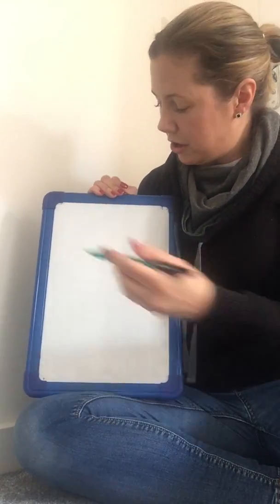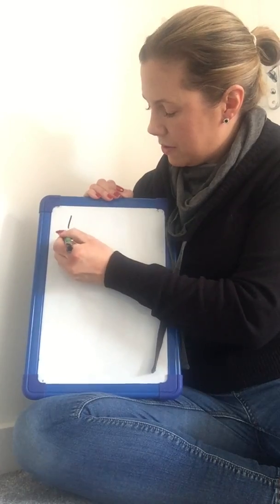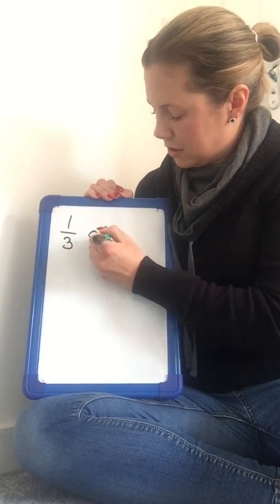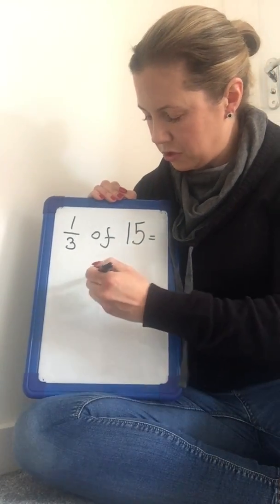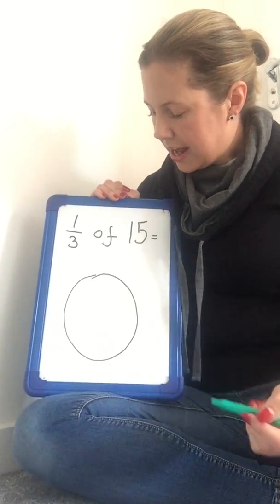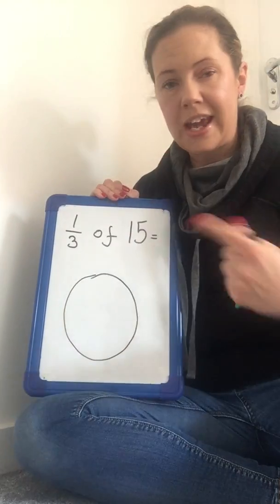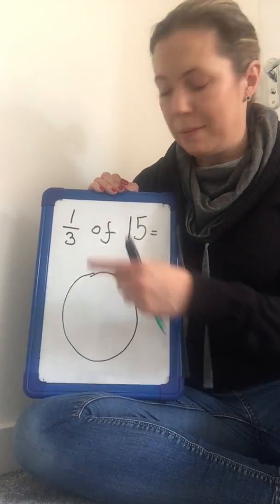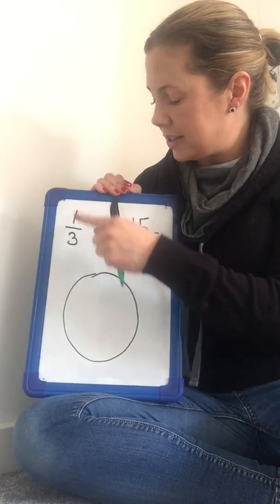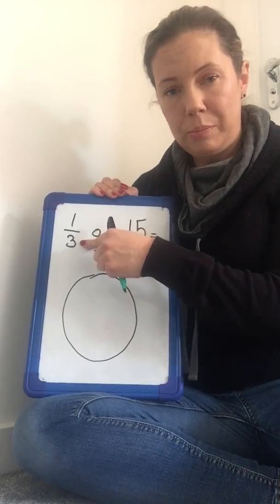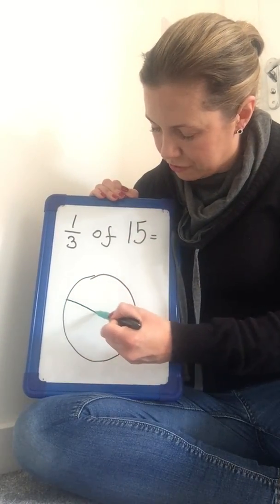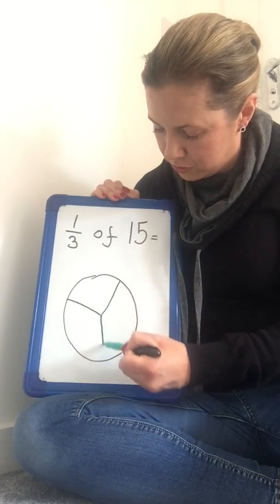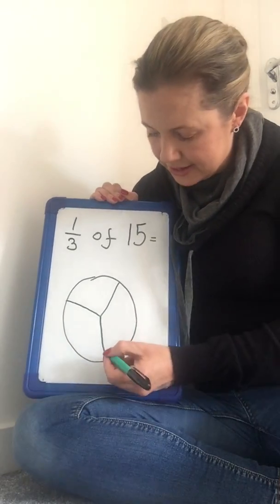Let's have a look at a third. So a third of 15. Okay, so we would do our circle, and this time we would again talk to the children using that key vocabulary that it's 1 part out of 3 equal parts. And so the easiest way that we found to do our 3 equal parts is to draw a capital Y, a bit like this.